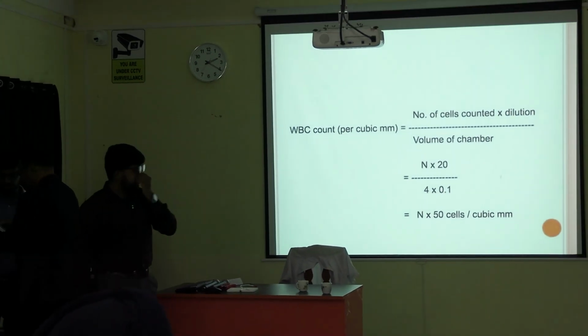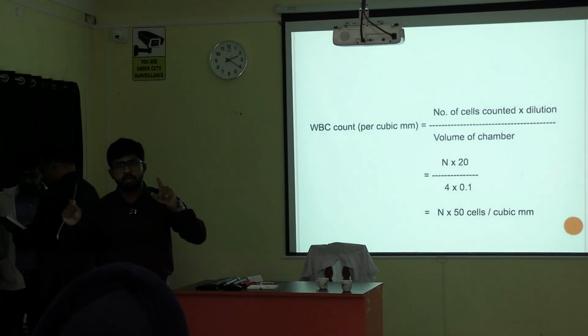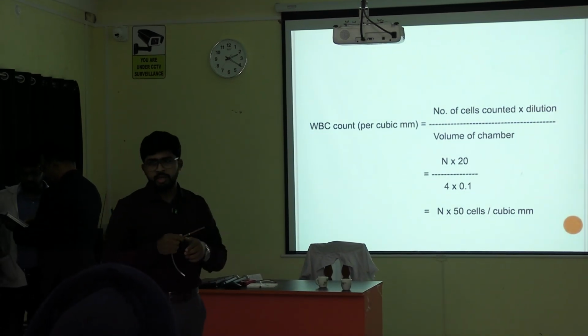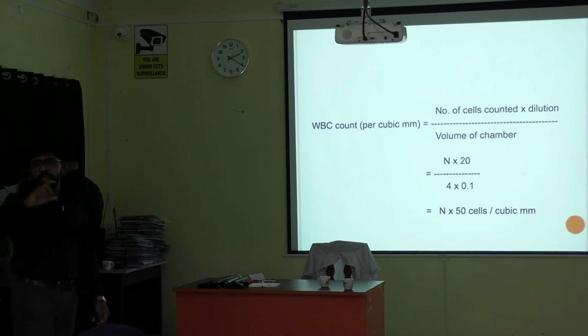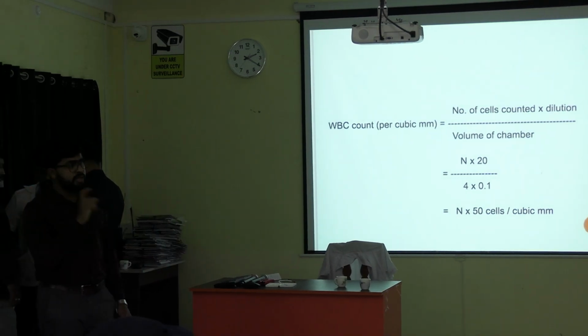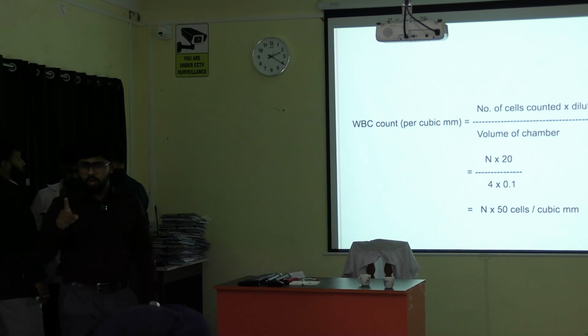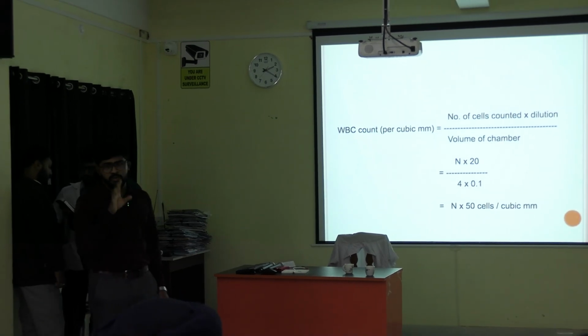This is the calculation. I have told you, you have to count cells in all the large squares. There are 4 large squares. So N represents the total cell count present in all the large squares, or all the 64 small squares.